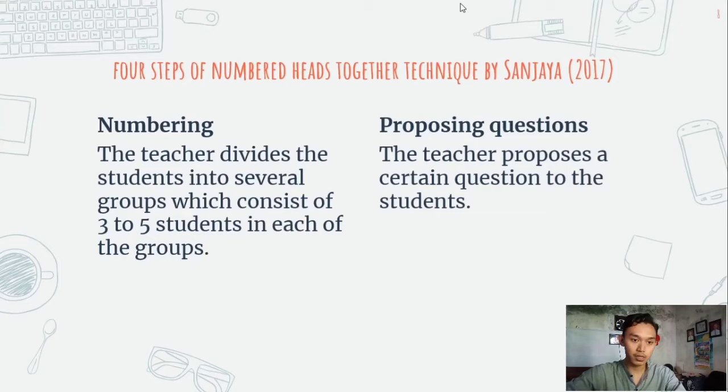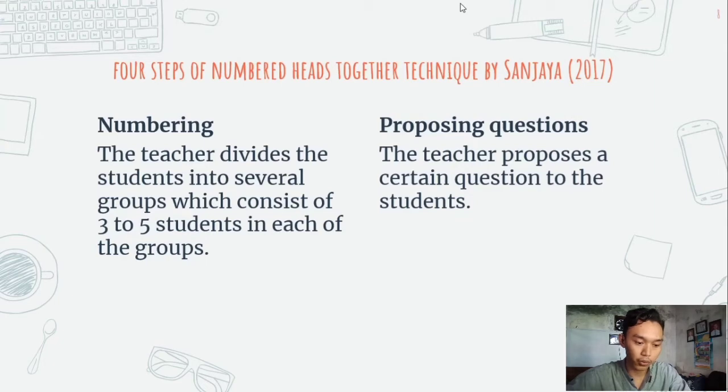And the next step is proposing questions. The question itself can be based on the material which is discussed in the teaching learning process. Because this is teaching vocabulary, the questions are based on vocabulary. For example, we show them a picture and ask them what this is in English.